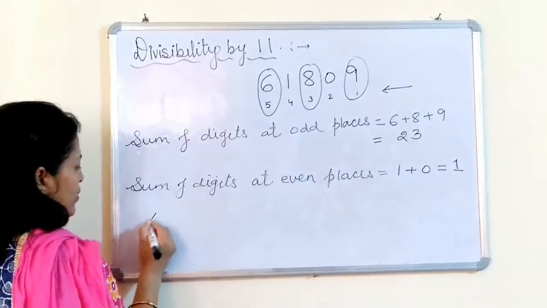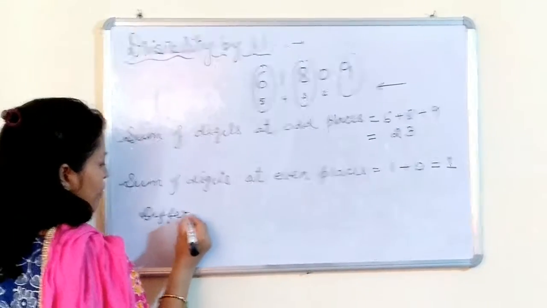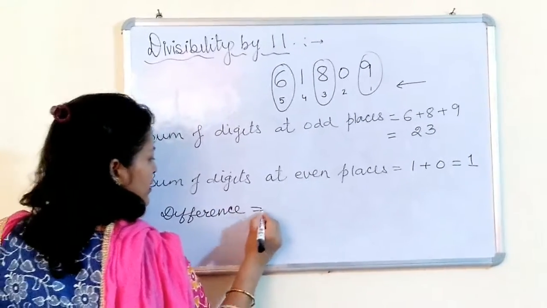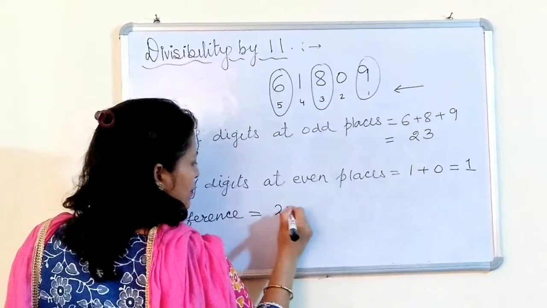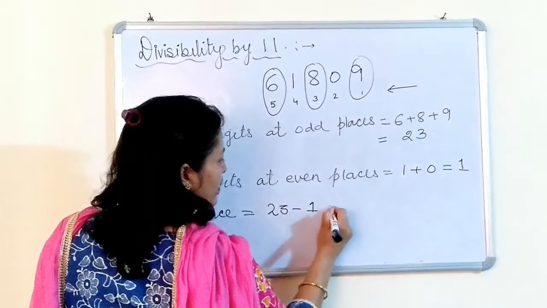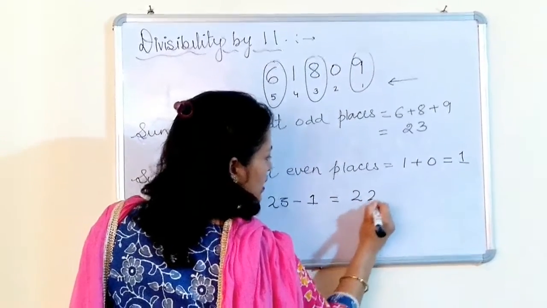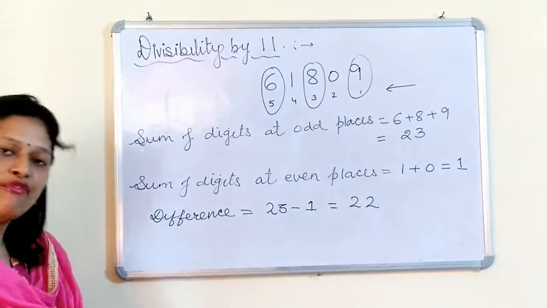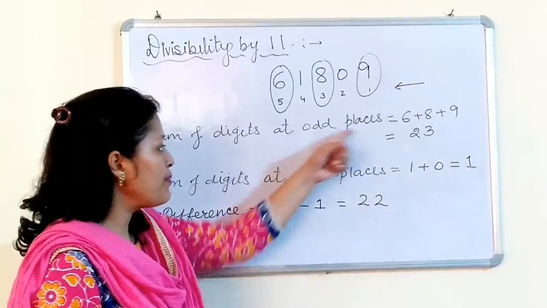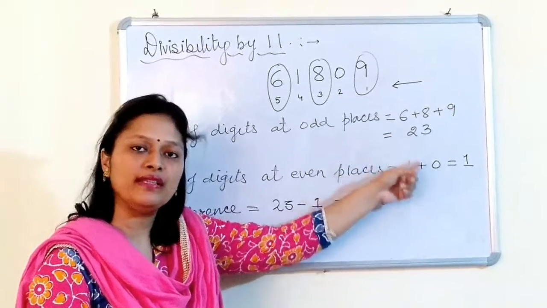Now next you will find the difference of these two numbers. 23 minus 1 is equal to 22. This is the difference you got after subtracting these two numbers, 23 and 1.